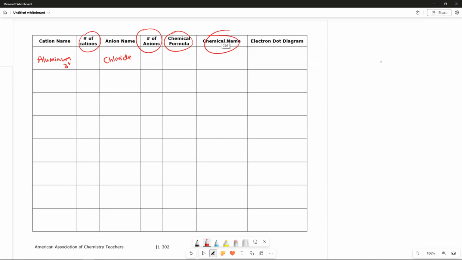and the electron diagram. So in order to balance this, we know aluminum has a 3 plus and chloride has a 1 minus. So for every 1 aluminum, we need 3 chlorides. So it'll give us AlCl3 as our formula. This name is aluminum chloride.